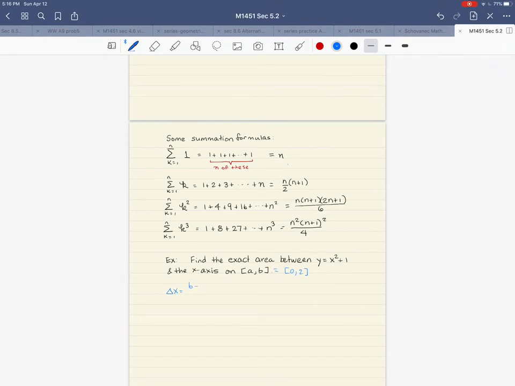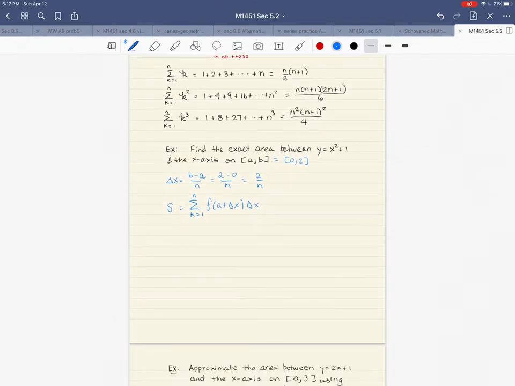So we start that way. Delta x is b minus a over n. Our b is 2, a is 0. So our delta x, every rectangle has a width of 2 over n. And so our sum is going to look like the sum from k equals 1 to n of f of a plus k delta x times delta x.